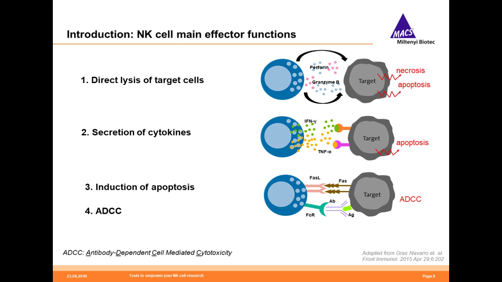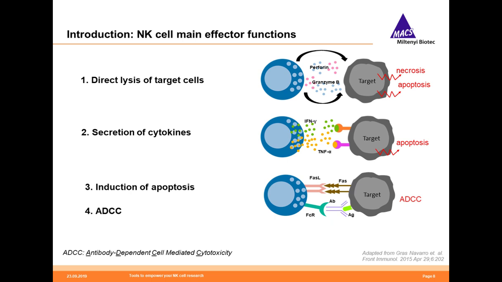And how are they able to kill the target cells? NK cells are able to use different mechanisms, including direct lysis of target cells via perforin and granzyme B, also by secreting different cytokines, for example, interferon gamma and tumor necrosis factor alpha, or by inducing apoptosis using Fas ligand or TRAIL.